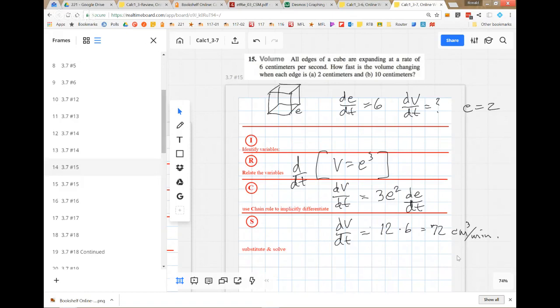The other part is to make sure you write down everything that they gave you, which is what I was doing on the top here. And what is it they want you to find? How fast is the volume changing? dV/dt. Once you get that down, the problem is pretty straightforward at that point.